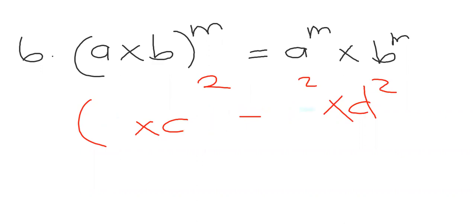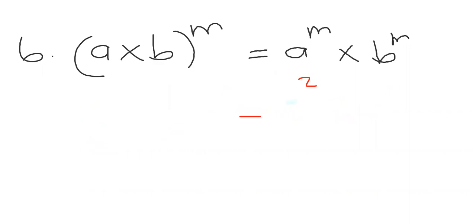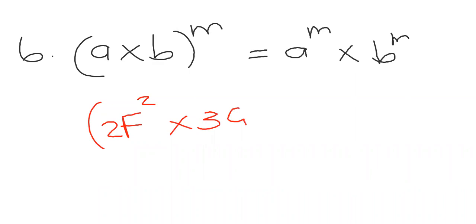Then another example, let's say we now have 2F squared multiplied by 3G to the power 4.